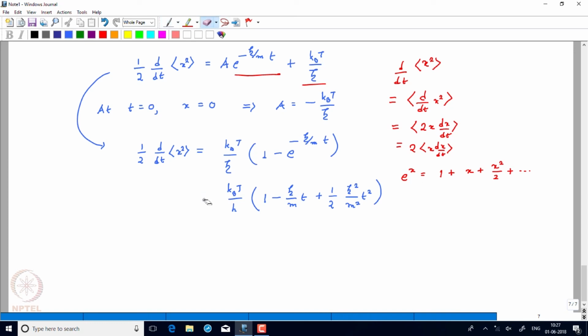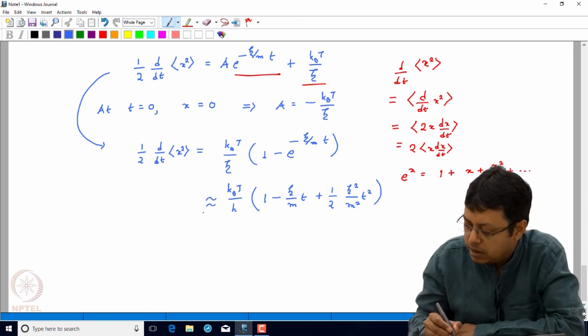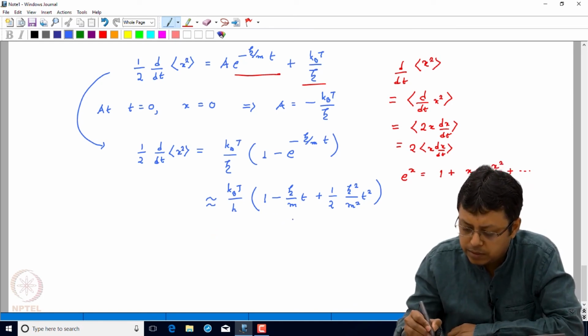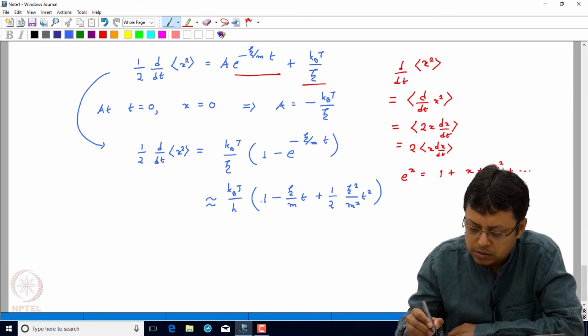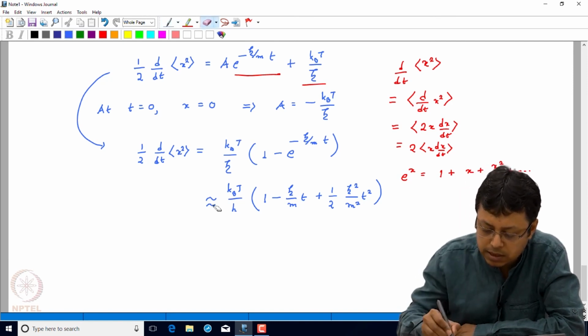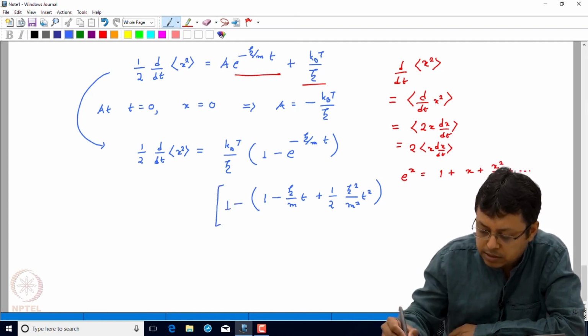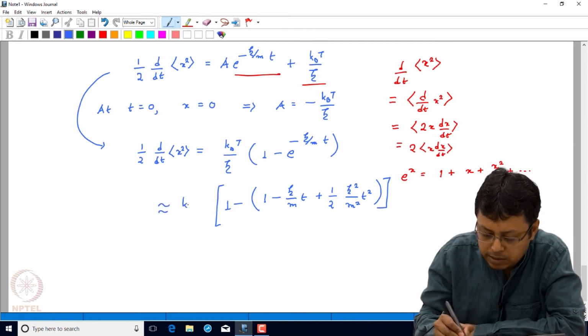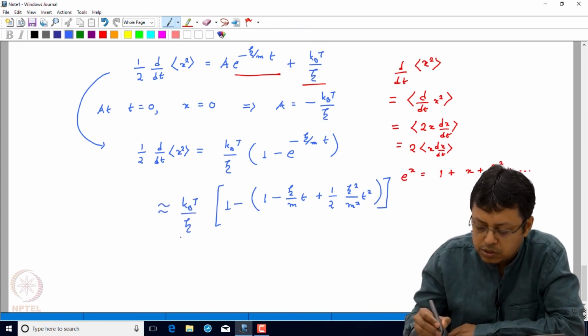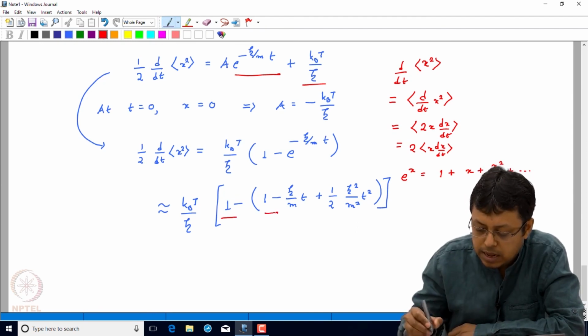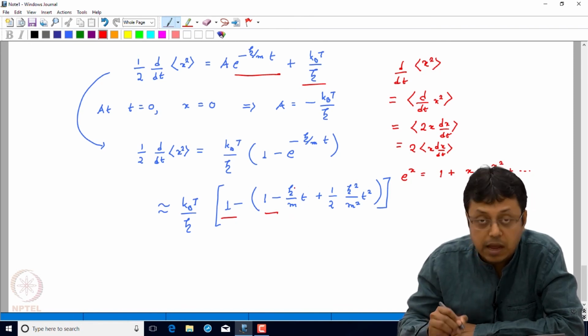So this is basically an approximate value, and what I get here, let me rewrite it once again. I have 1 minus the exponential series, and I had kBT by zeta. This 1 will cancel with this 1, and then I have the second term, which is basically minus zeta by m, but I also have a zeta here.